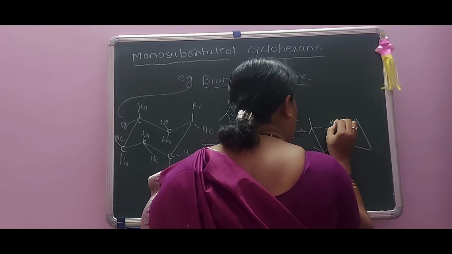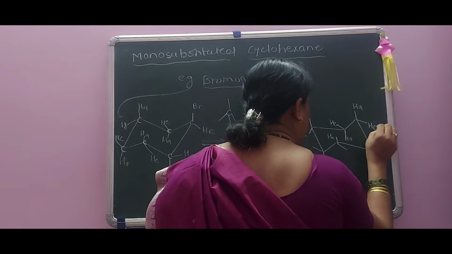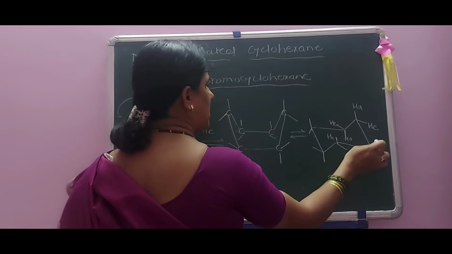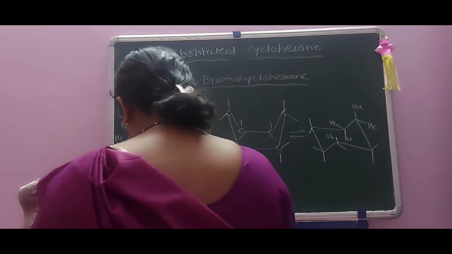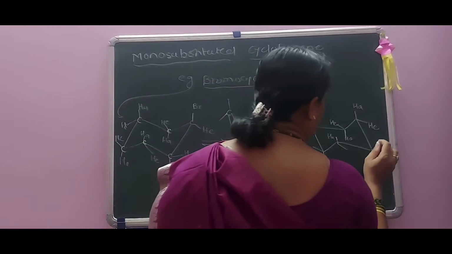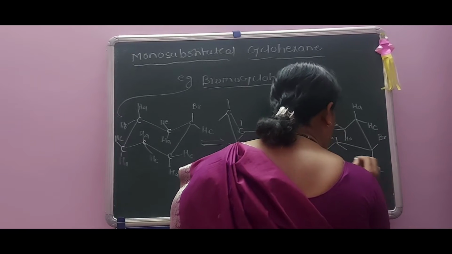Ha, He here, then H here also. This is transferred here from bromo, and therefore here we can write it as Br.